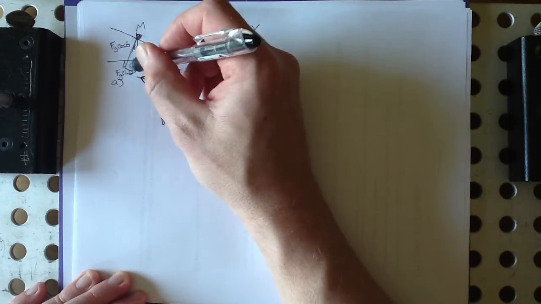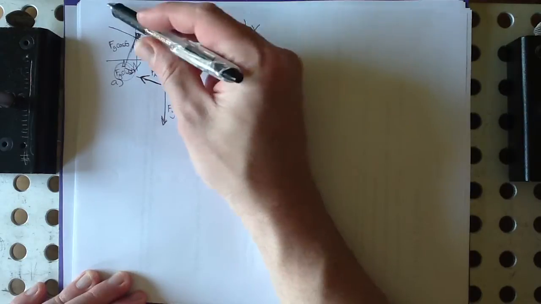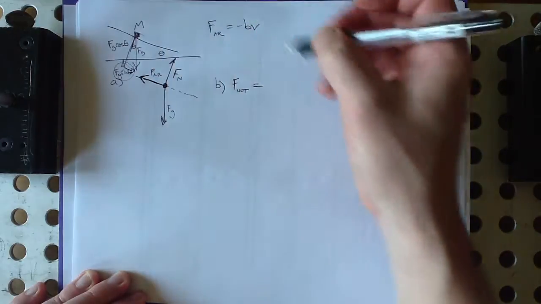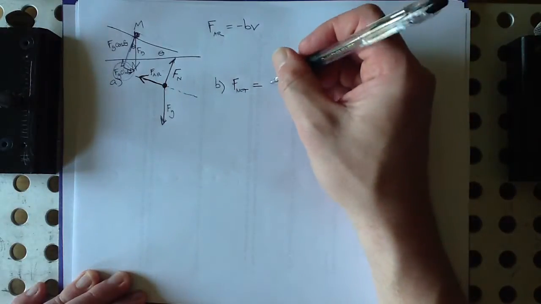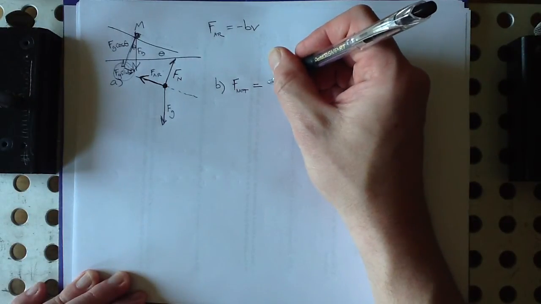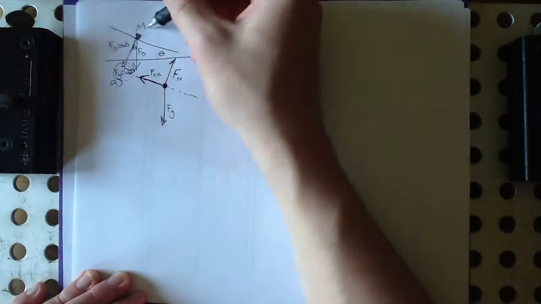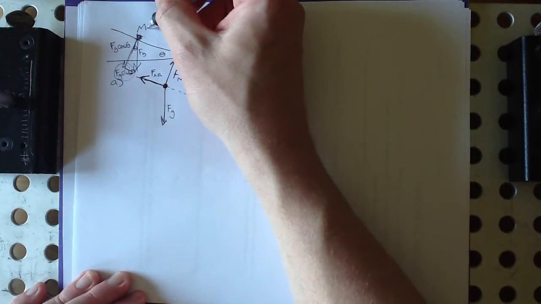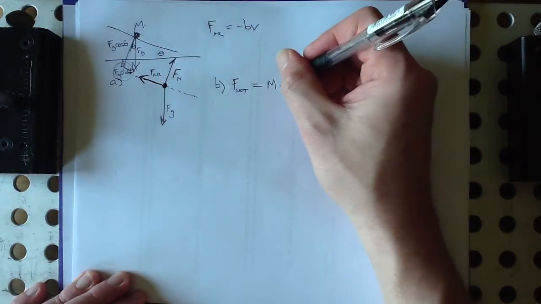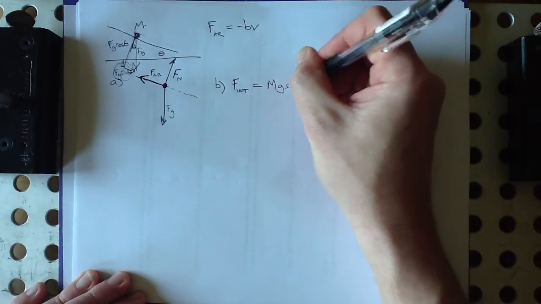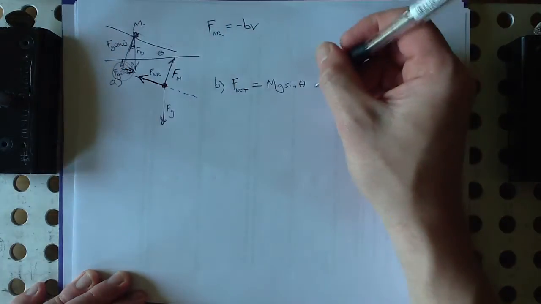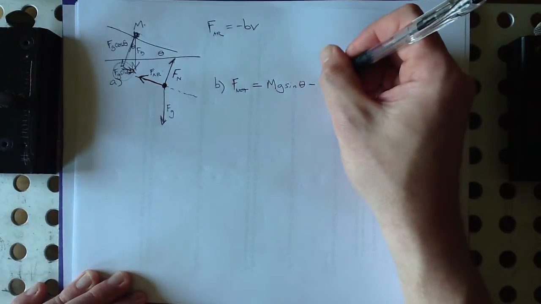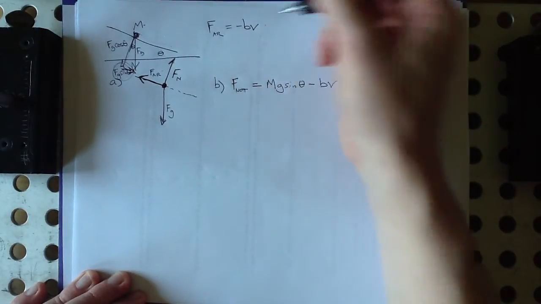So the net force on the skier is this force minus the air resistance force. So taking downhill to be positive, that would be M, I'm using a capital M because that's what they used to try to be consistent with their notation, Mg sine theta, that's the component down the hill, minus bv.